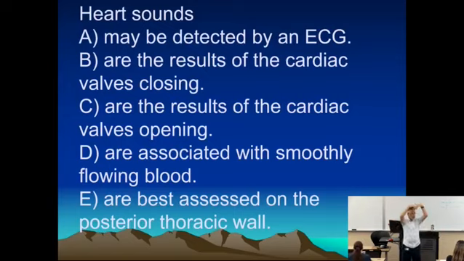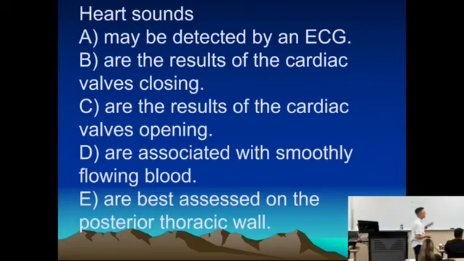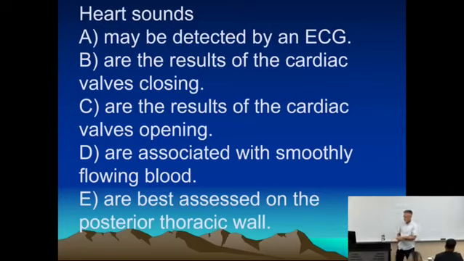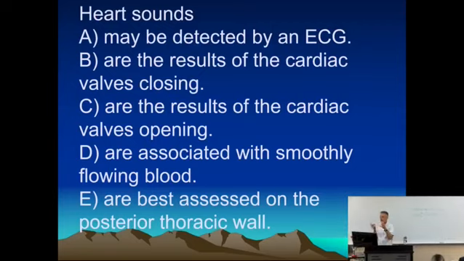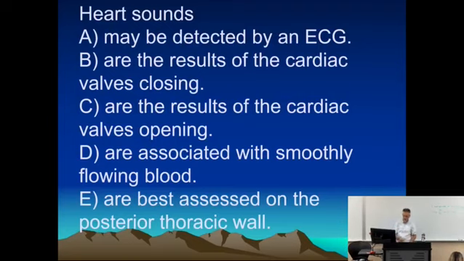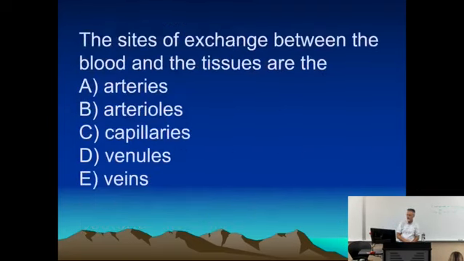So the closing of those valves and that turbulent flow of blood next to it as they're closing is what makes the noise. So not the opening, but the closing of those cardiac valves is what actually makes those lub-dup sounds that we're going to be listening to in lab. Okay? And the first sound comes from the AV valves, and the second sound comes from the semilunar valves, because the blood is passing through those different chambers through the cardiac cycle and through those valves in that way.